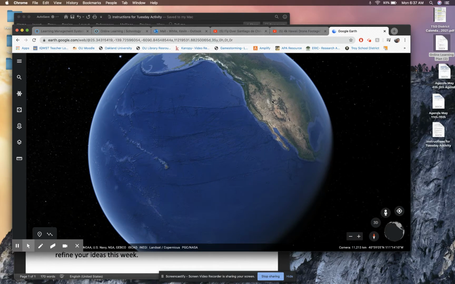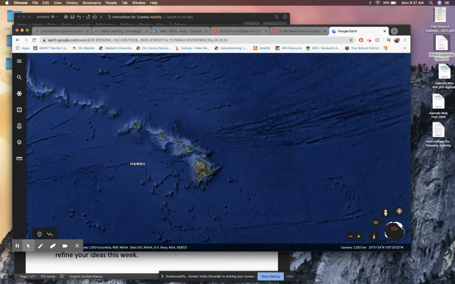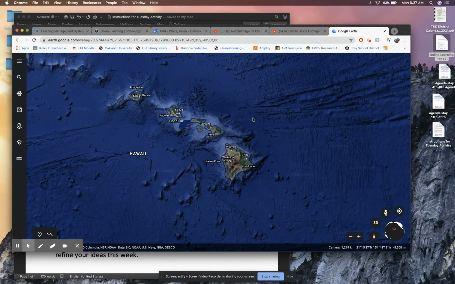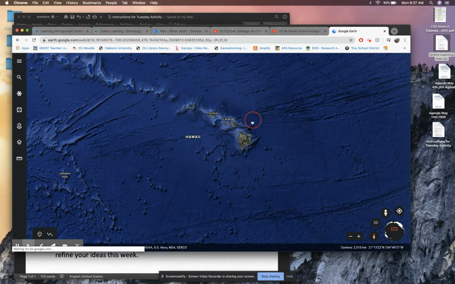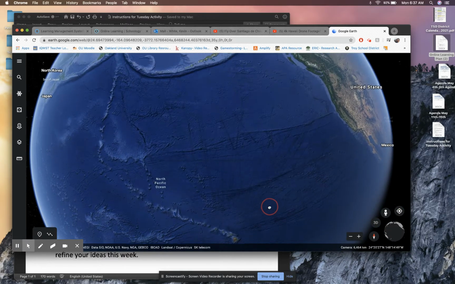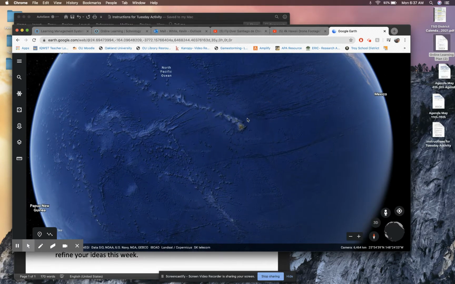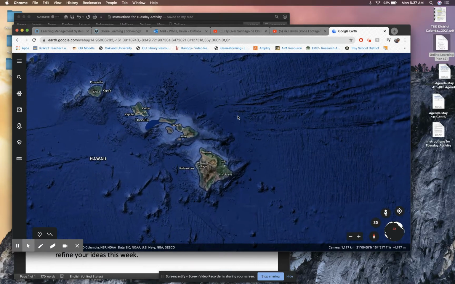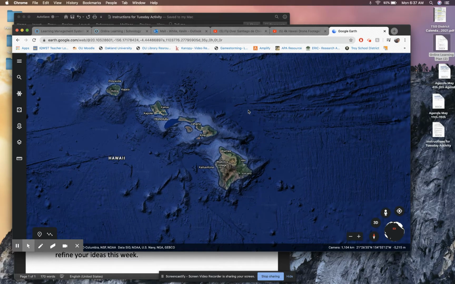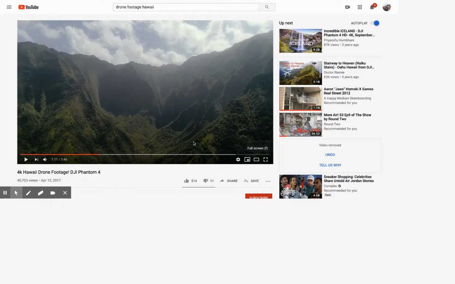We have the United States over here, and over here, way far away, Hawaii. Now, Hawaii, as you can see, doesn't have a whole lot of other things that surround it. It's pretty much out in the ocean by itself. So your goal today is to come up with a second model that shows how you think Hawaii was formed. So let's take a quick look at some features of Hawaii.